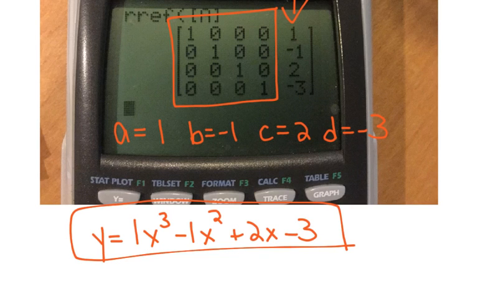And if you graph your data and you graph this equation, this graph should lie on top of those points, thus being the equation that best represents this data.